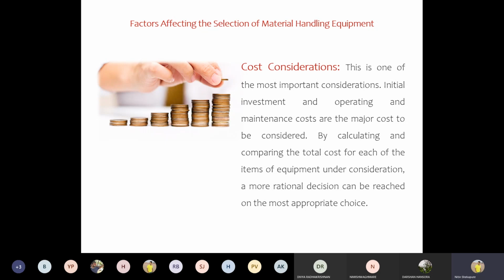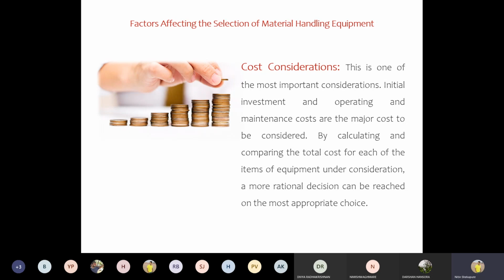Because when we talk about cost consideration, it is not only about the initial cost. Why do most people in India buy a Maruti Suzuki car? Because they consider the initial cost and after that the running cost also. But if you are buying a Jaguar, or suppose BMW or maybe Mercedes, you need to consider both. There are n number of costs.